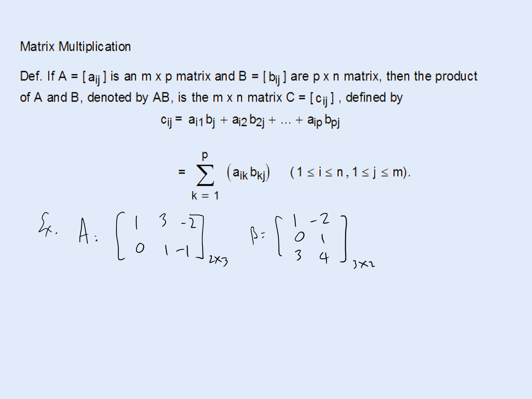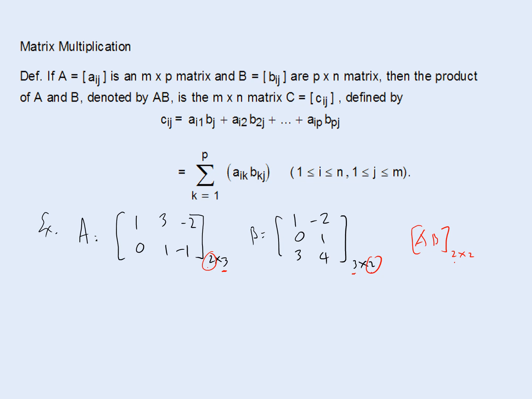The requirement is that the number of columns of A must be equal to the number of rows of B. And the resulting matrix AB will be of size 2 by 2. So the size of the product will be the number of rows of A, which is 2, and the number of columns of B, which is also 2.